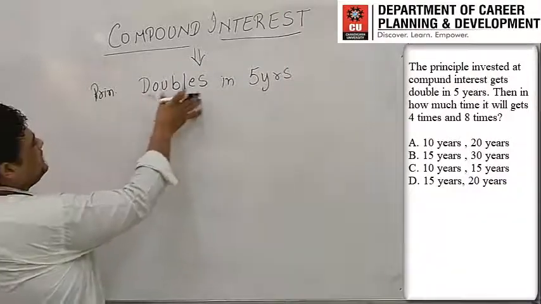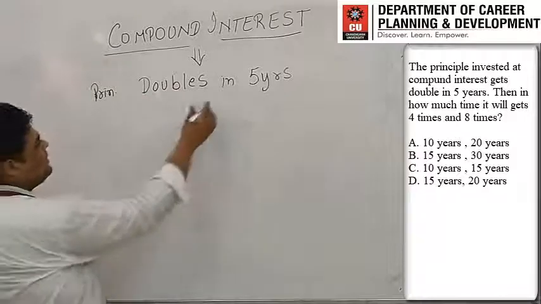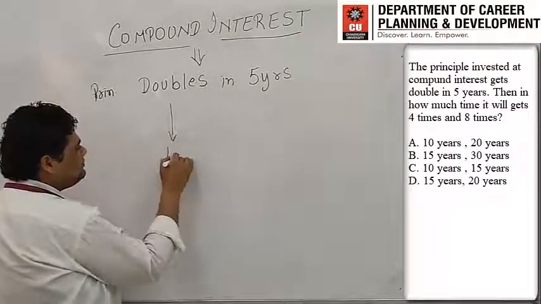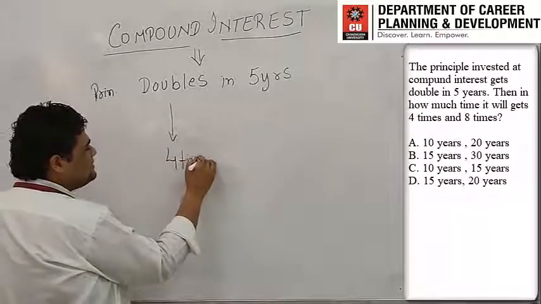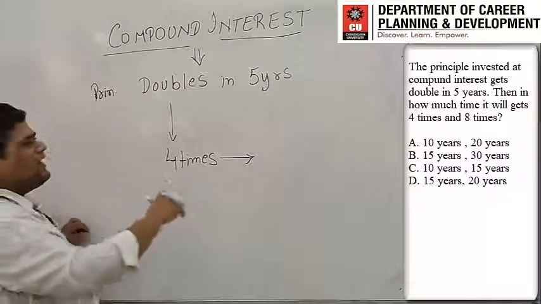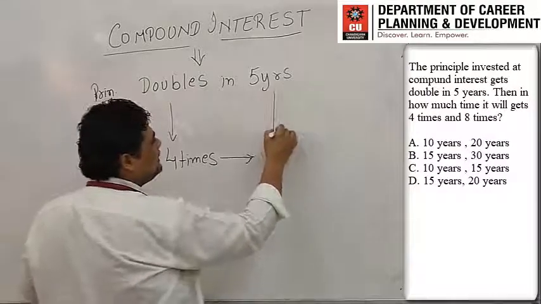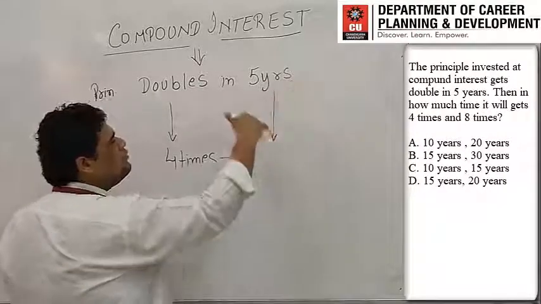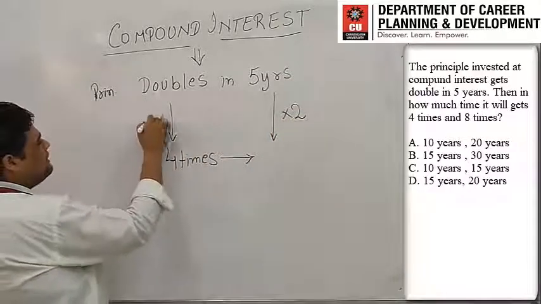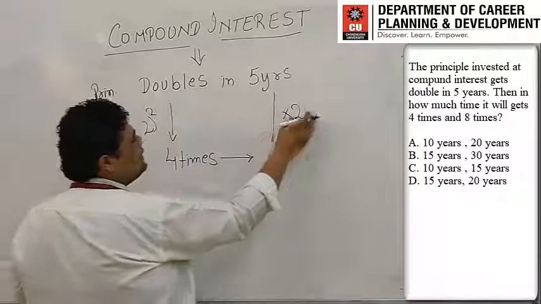So if the principal doubles in 5 years, then for 4 times at CI, we have to increase the time by 2-fold, multiply by 2.